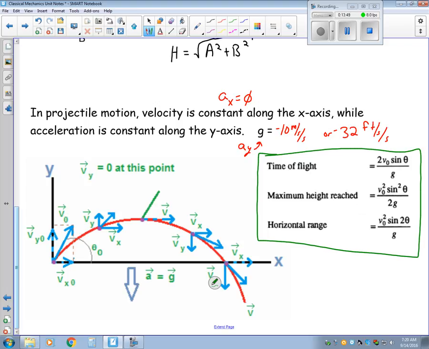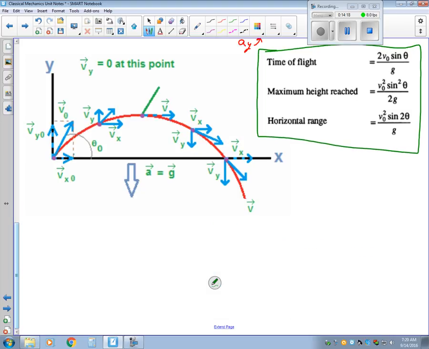The next one, maximum height. What is the tallest point that this thing will go? Again, that might be something you need to know, especially if, like one year we had this competition where we had to throw objects into a net. It'd be nice to know what the maximum height and everything is. Finally, range. How far will the thing go? That's something else that you may wish to know.